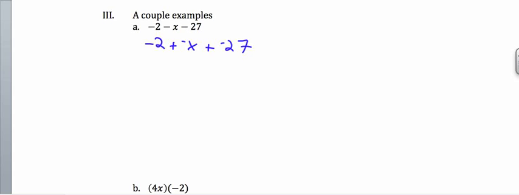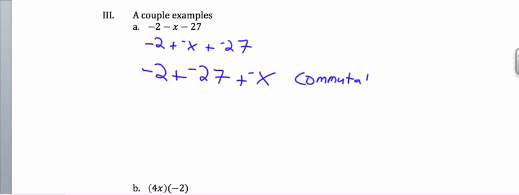Now what I'm going to do is use the associative property to get those two next to each other. It doesn't matter which one you switch necessarily, but I'm going to switch the x and the 27. The only reason we were allowed to do this is because of the commutative property, or the associative property.